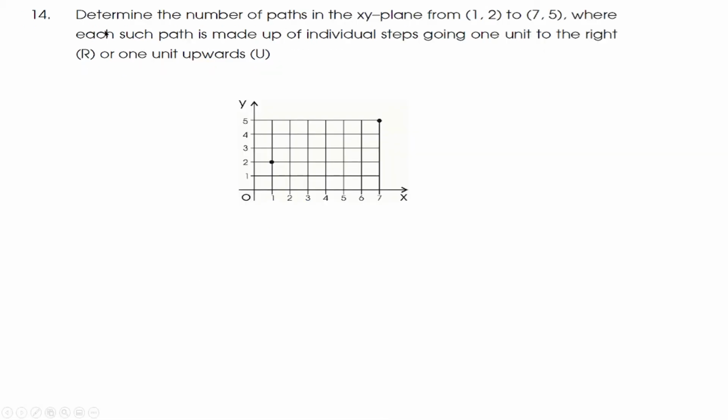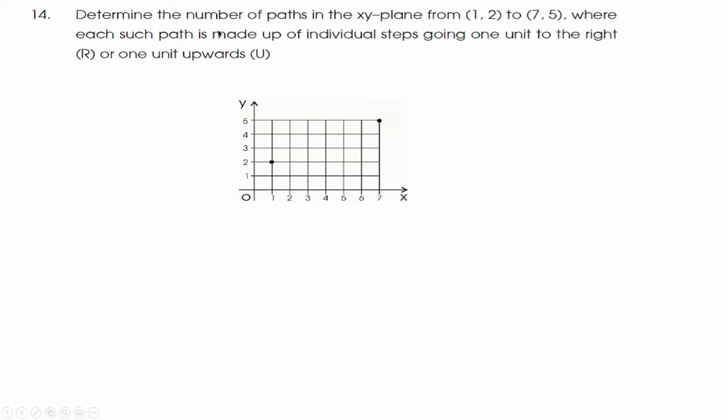Next question: determine the number of paths in the xy plane from (1, 2) to (7, 5), where each such path is made up of individual steps going 1 unit to the right or 1 unit upwards.